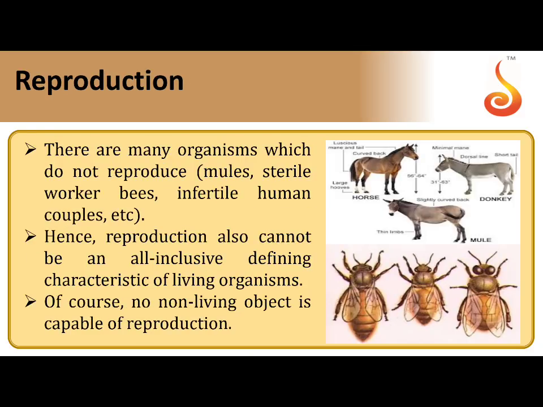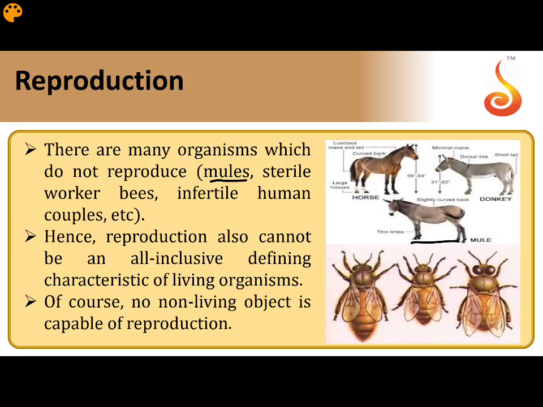But can reproduction be a characteristic or defining feature of any living organism? No. We have several examples where organisms do not reproduce. The first example is mules. What are mules?